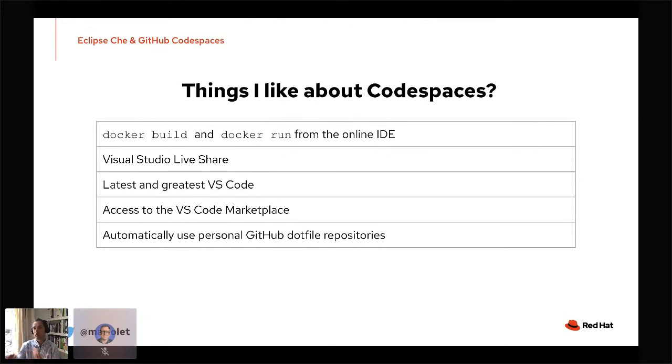Visual Studio Code Live Share is an extension that you can install in Visual Studio Code, and you can install it in Codespaces as well, and with that you will be able to share your terminal or your editor. That makes it possible to do pair programming using Visual Studio Code.